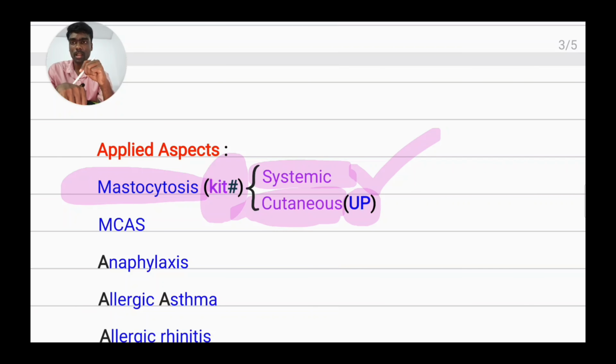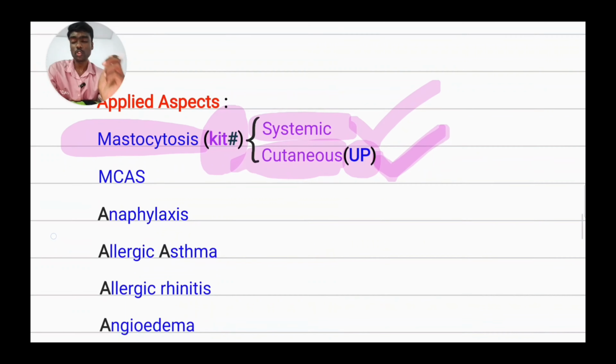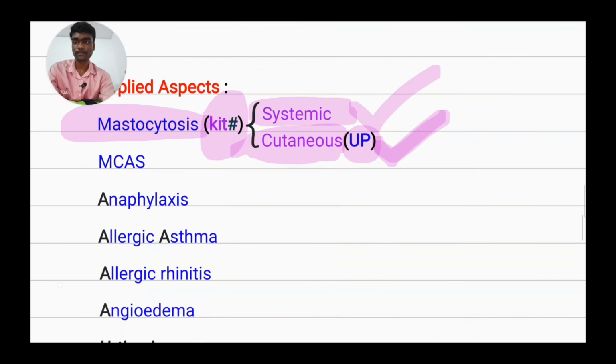That's why it is called urticaria pigmentosa: urticaria developing on the pigment. Sometimes systemic mastocytosis will present with urticaria pigmentosa. That sign is called Darier's sign. On stroking that pigmentary change, if you develop a wheal, that is called Darier's sign, seen in cutaneous mastocytosis.